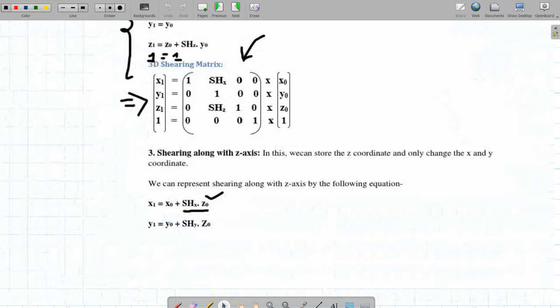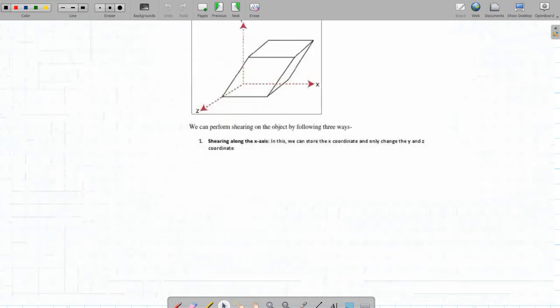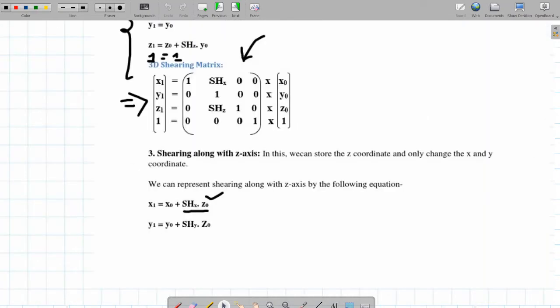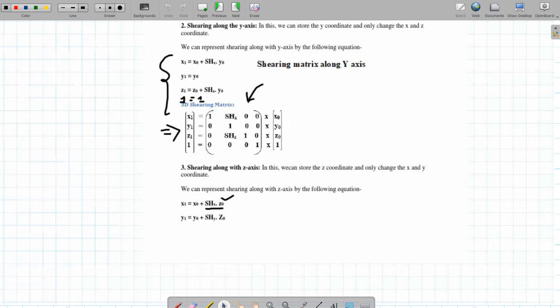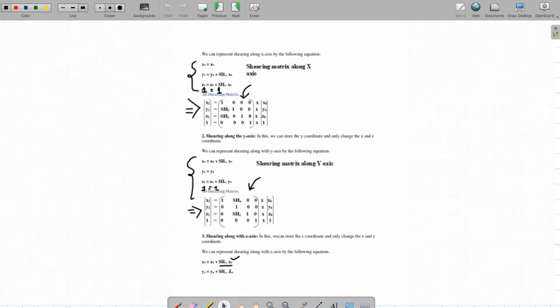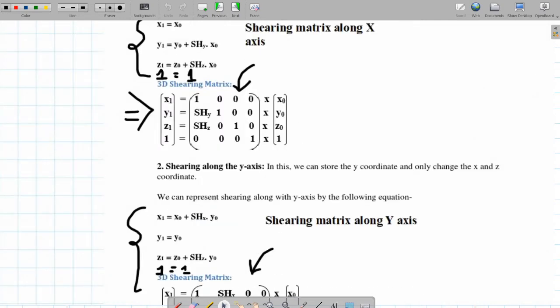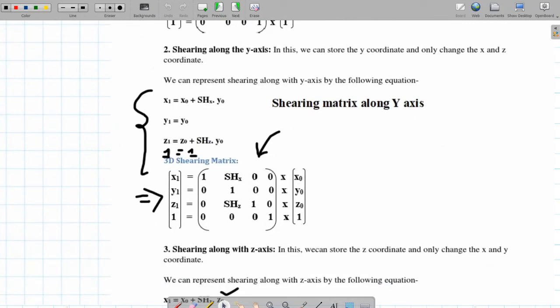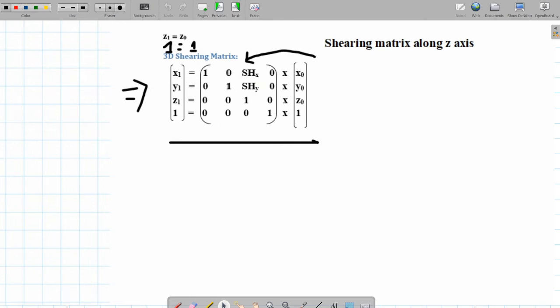Just wait a second. Yes, it's here. You can represent shearing in 3D by using three matrices. Shearing matrix along x-axis, where it is. Then using shearing matrix along y-axis, here it is. And lastly, shearing matrix along z-axis, here it is.